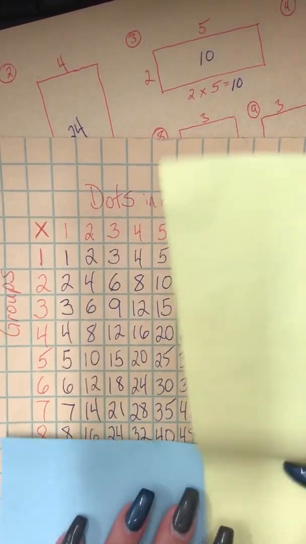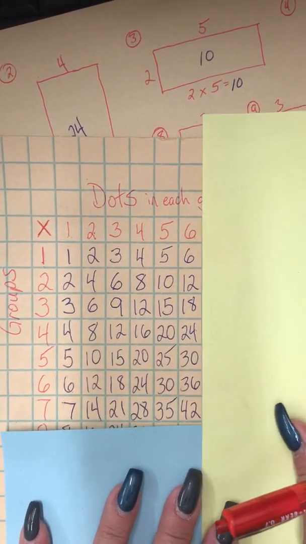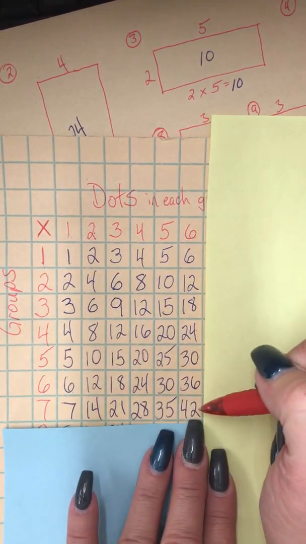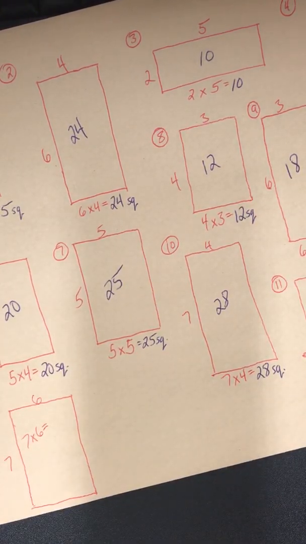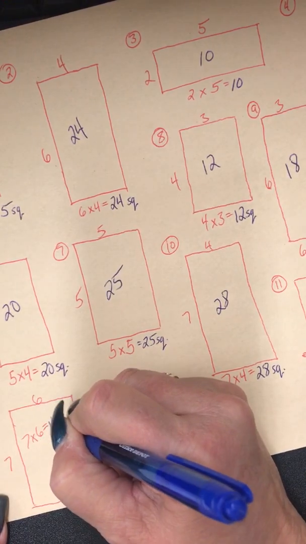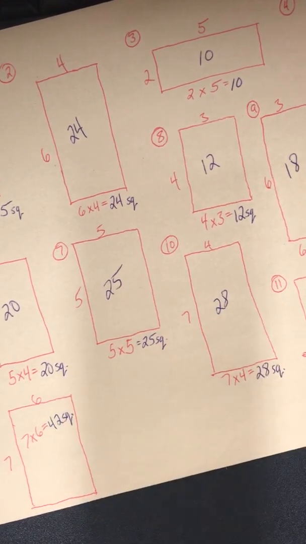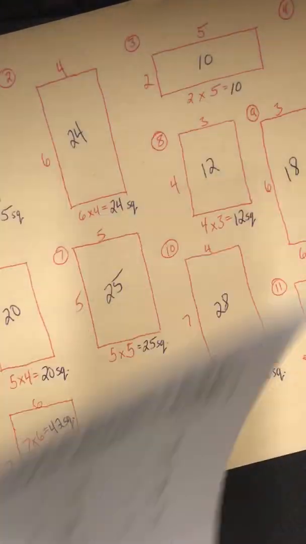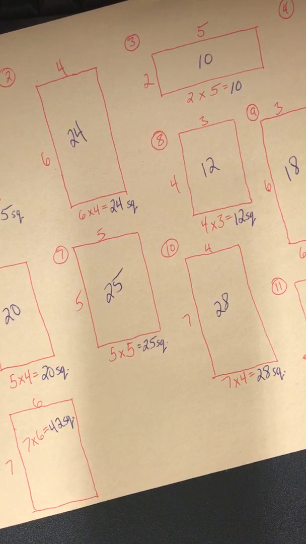So let's go ahead and look here. 7 rows, 6 in each row. 42. 42 squares. Yeah, that's a big one. That's a pretty good sized area model. So 42 squares. I'm just going to go ahead and put it right there inside the area model since I ran out of room. 42 here on my board. Let's get them back in.